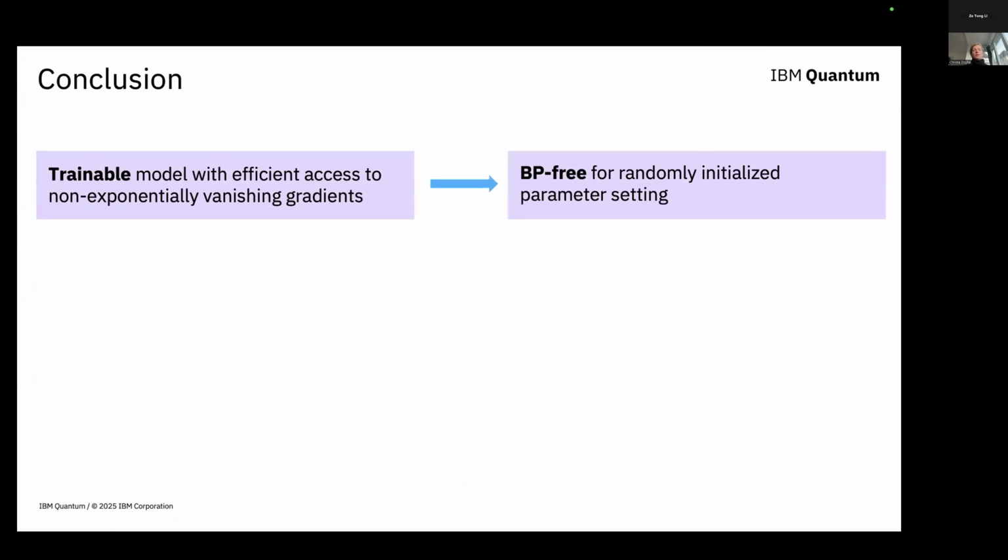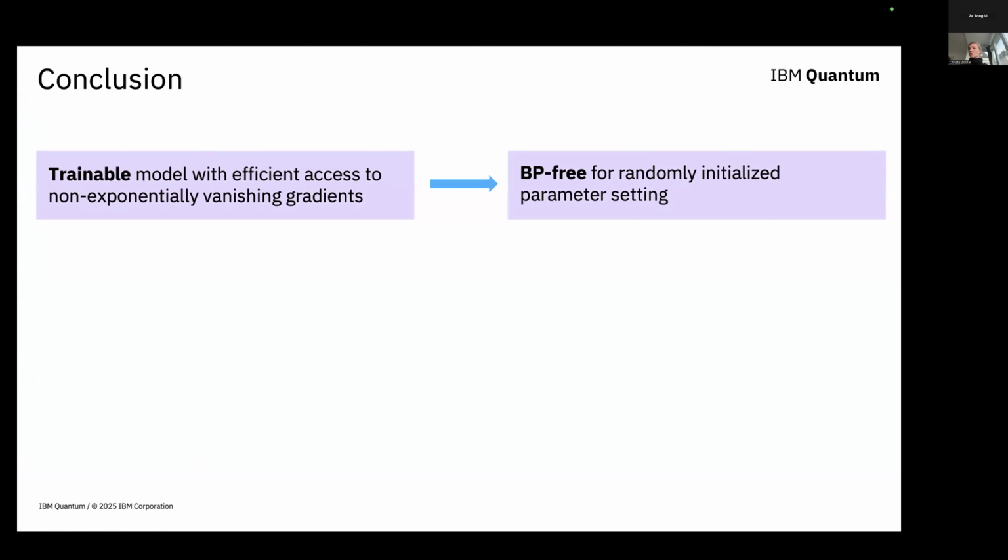And now to give you a bit of a comparison of what I mentioned in the beginning, of what we actually want and what we achieved here. So we did say that in all of the variational training, or approximate parameterized quantum ansatz training, we want to have a model that's trainable.